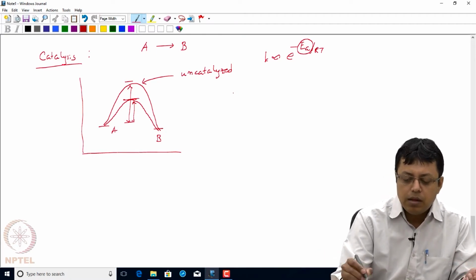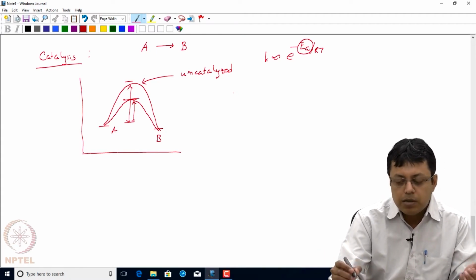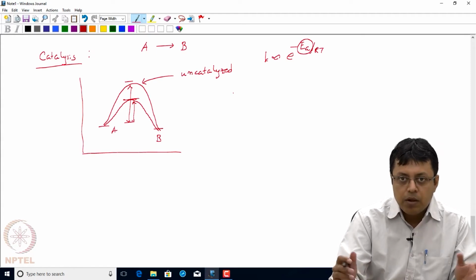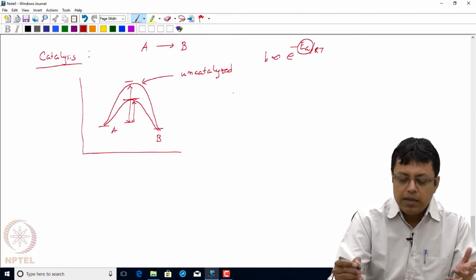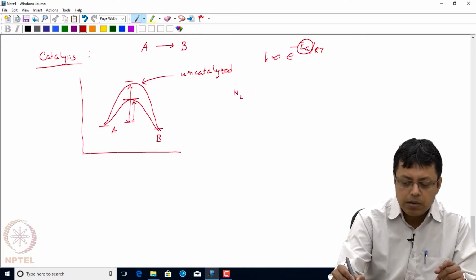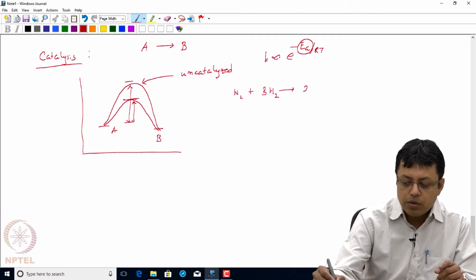There are many examples. We usually divide catalysis into two parts. One is heterogeneous catalysis, where the catalyst and the reactants are in different phases. For example, there are many gas phase reactions. The most notable is the catalysis for production of ammonia, known as the Haber process, where we use an iron catalyst.